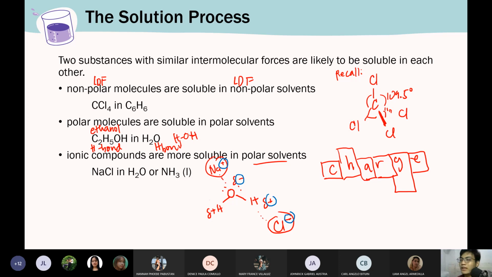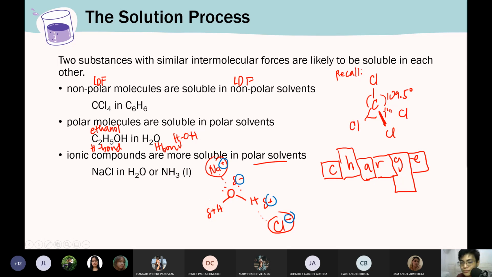So in identifying whether you can create a solution or not, you still have to recall the intermolecular forces of attraction. Don't worry, hindi kayo lulubayan yan until biochem. Pag nag-biochem kayo, madadaanan nyo ulit si intermolecular force of attraction. Okay? So, yan.